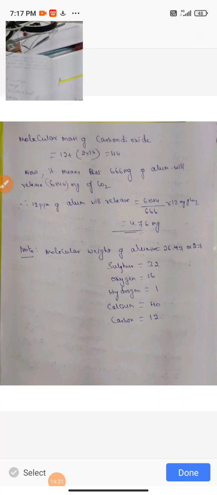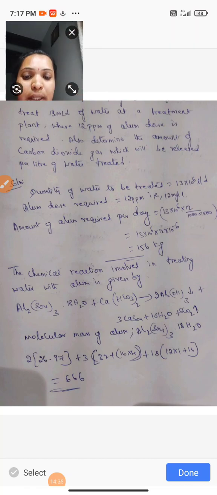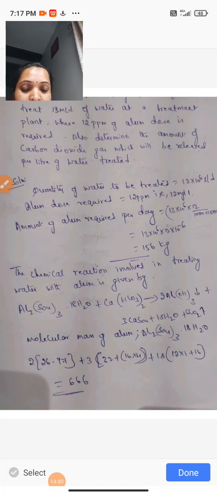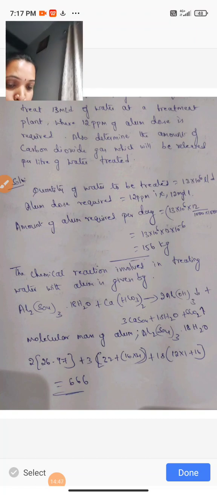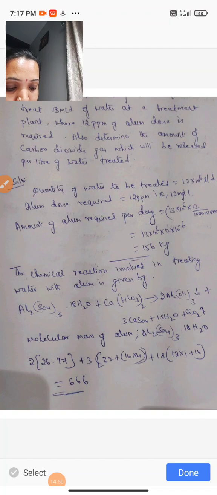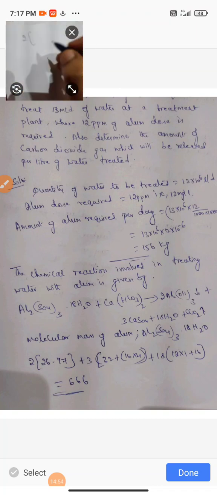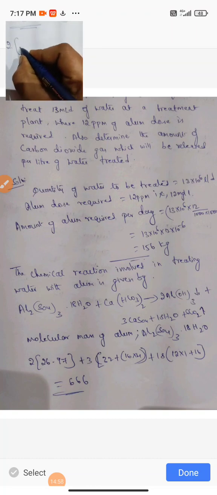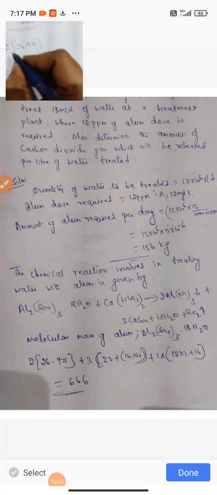So now look here. The molecular mass of the alum is 666, that we have to find out. How? So Al2 means the 2, Al2. What is the aluminium molecular weight? It is 26.97.